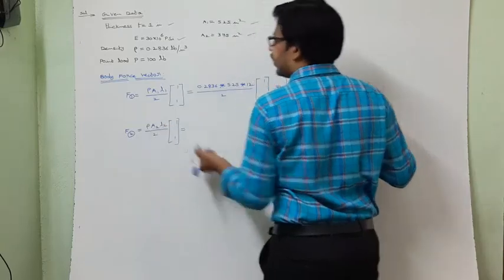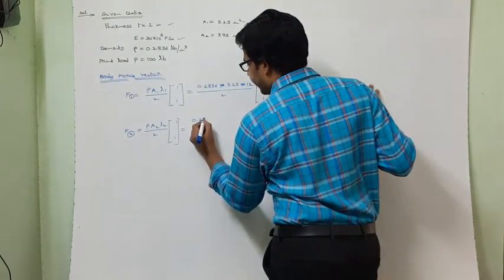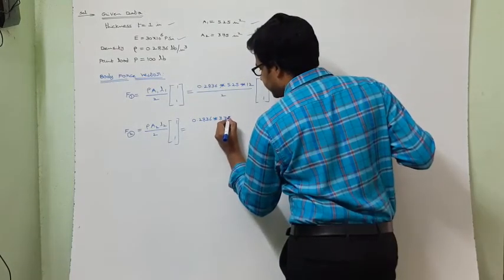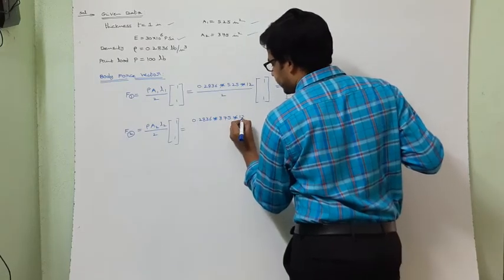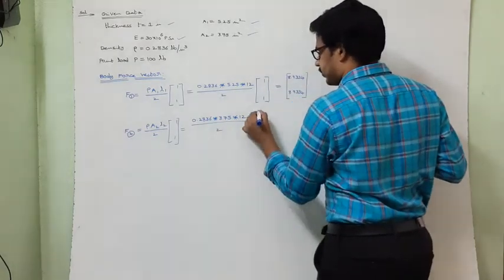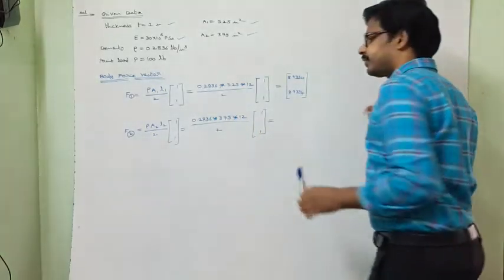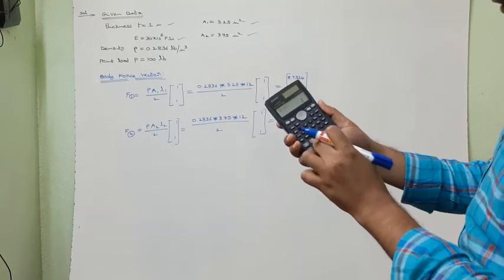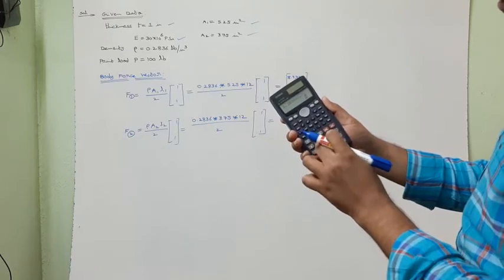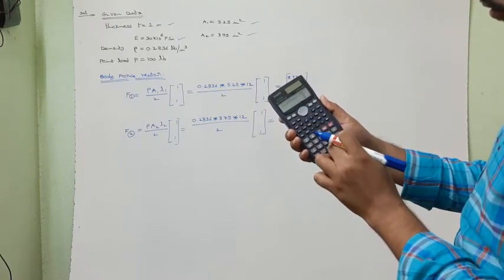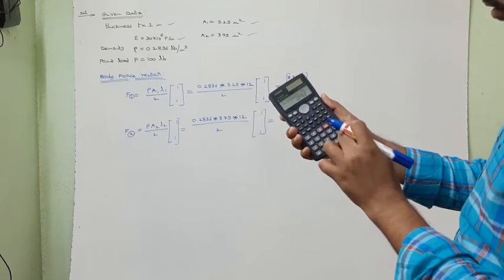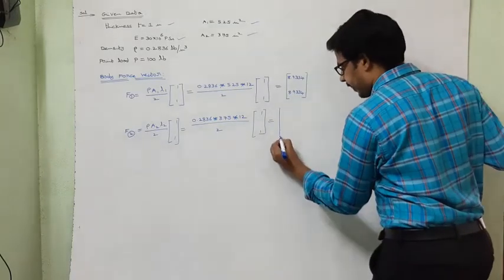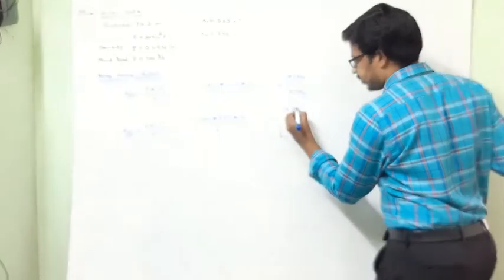What is the value of the density? 0.2836 into, what is the A2 value? 3.75, into length of the second element, 12 divided by 2. That means 6.381.